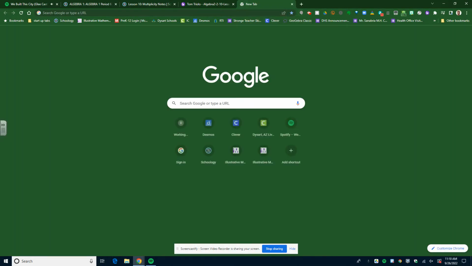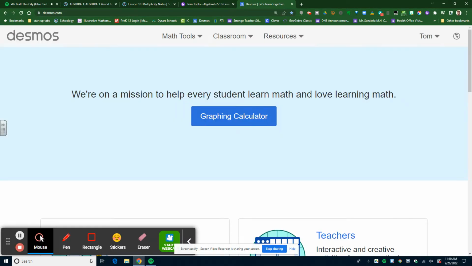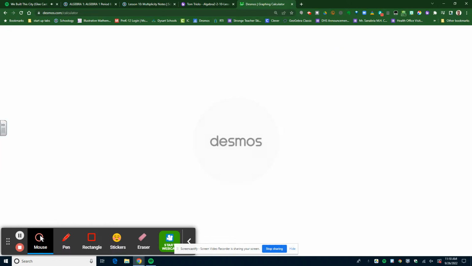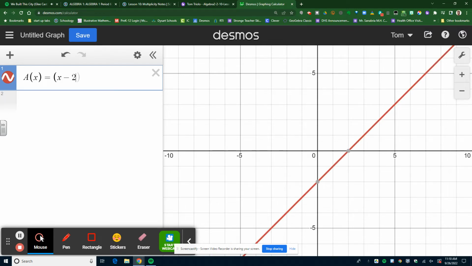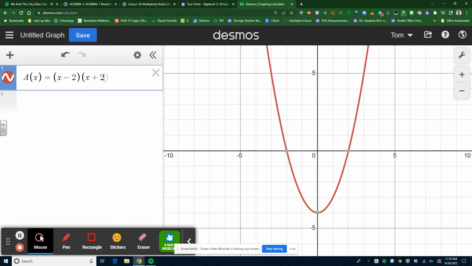Go into Desmos. I'm going to write a of x equals x minus 2, and the order doesn't make a difference, x plus 2, and parentheses x minus 8.